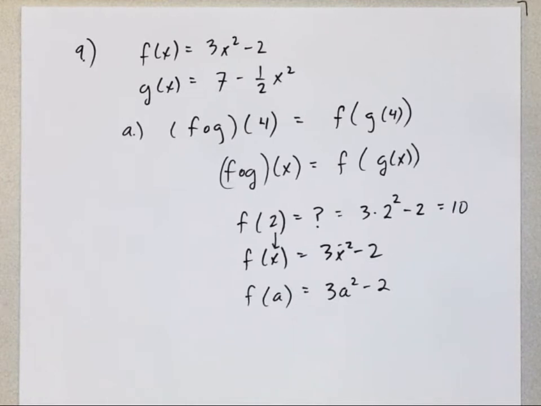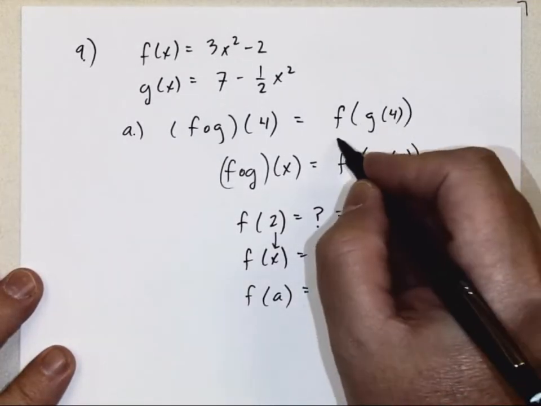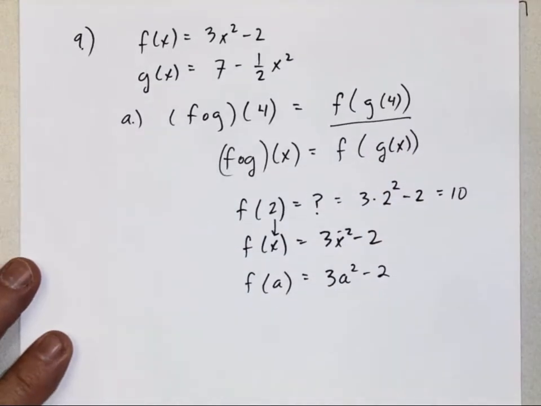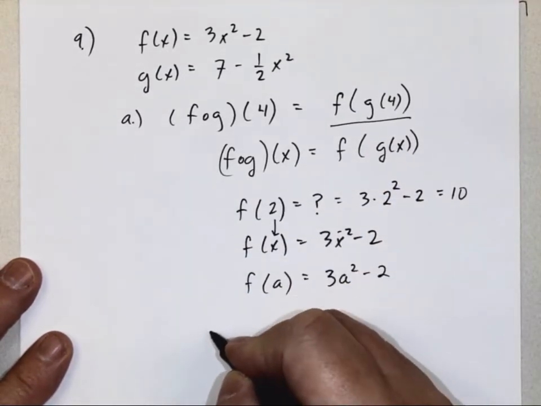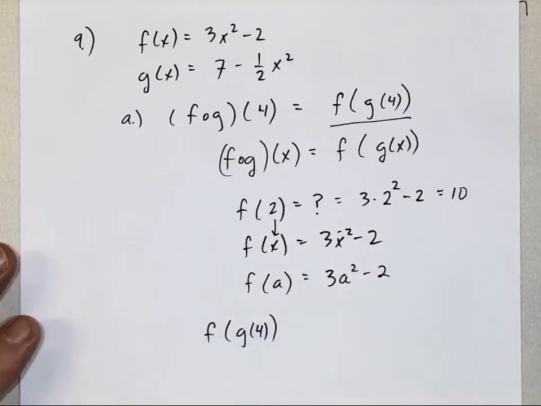All right, with that brief review of how we handle functions, let's go back and look at our problem now. Up here, I said this composite function can be rewritten as f of g of 4.